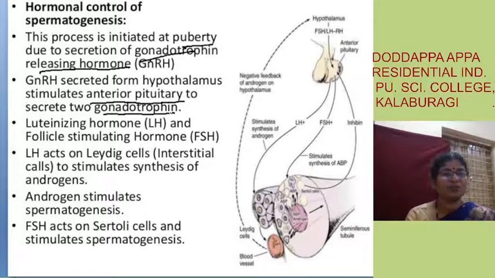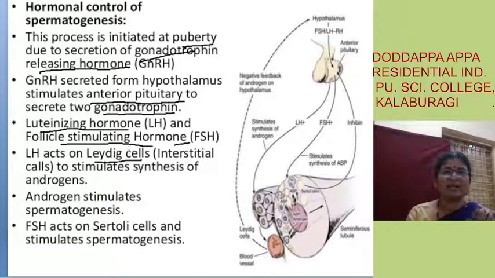What are gonadotropins? FSH and LH. The hormones which will act on gonads are called gonadotropins. How many gonadotropins are there? Two gonadotropins are there. That is luteinizing hormone, which in short is indicated as LH, and follicle stimulating hormone, that is FSH. LH will act on the Leydig cells. You have to remember the sequence.